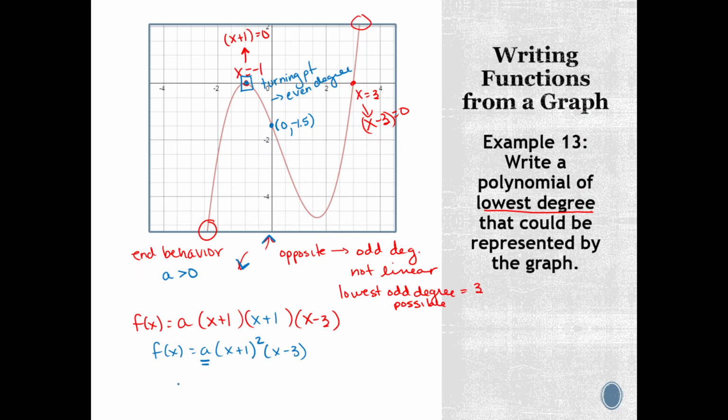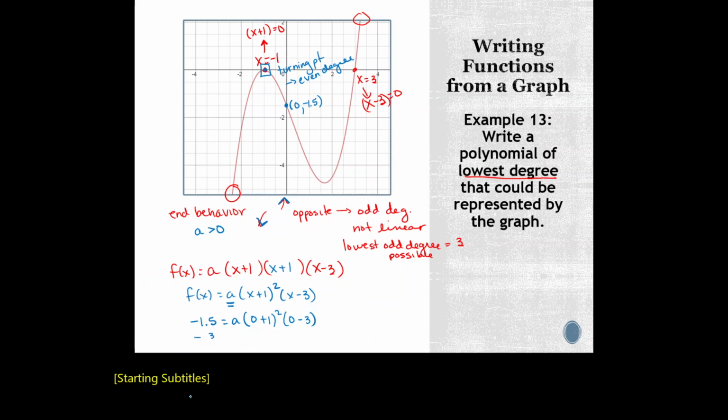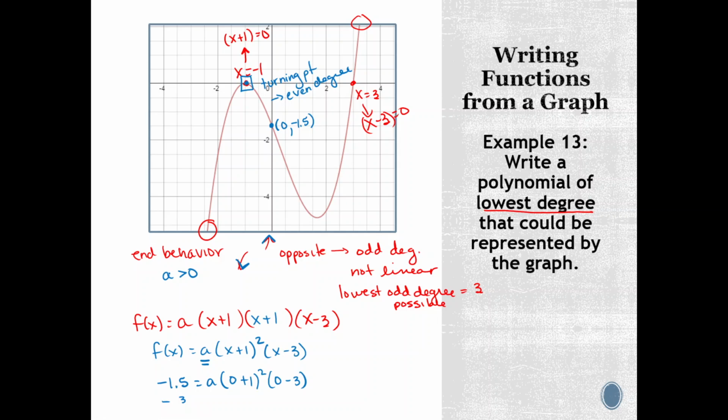So if I use that and I put in an x of 0, I'll get negative, and I'm going to go ahead and make that a fraction, negative 3/2 is going to equal a times 1 times negative 3.